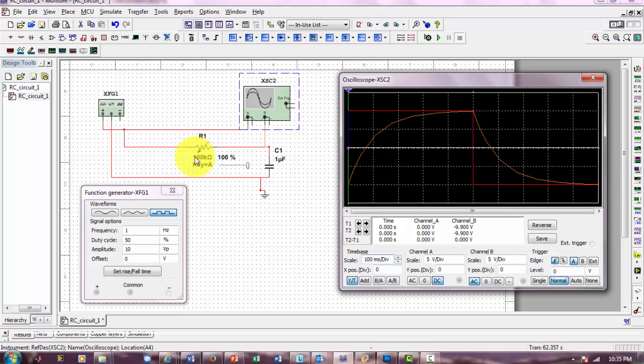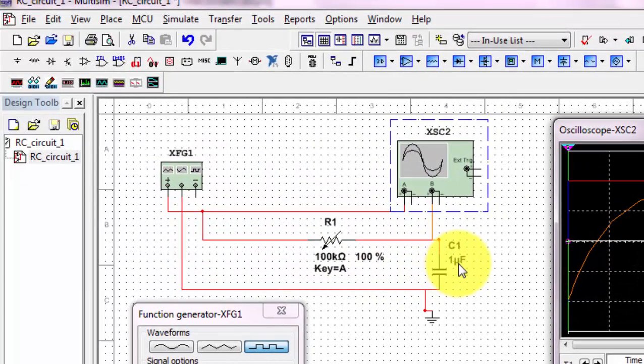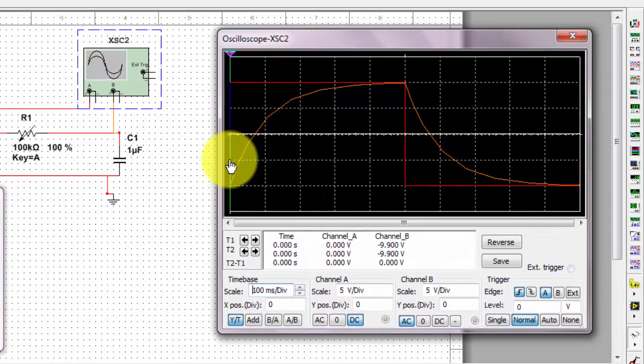Alright, now when we multiply 100 kilo ohms by 1 microfarad, we get 0.1 seconds. So that's our time constant. So 0.1 seconds times 5 is 0.5 seconds. And shown here is 1 full cycle of the square wave.